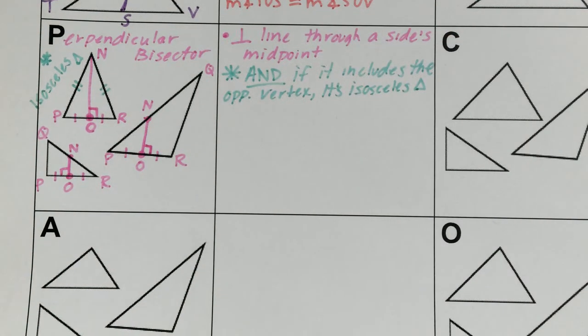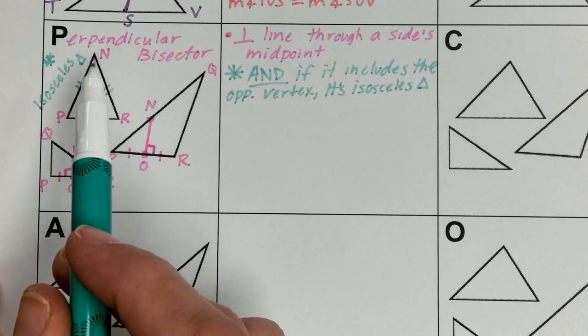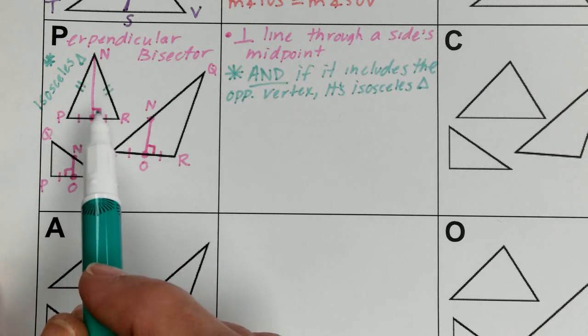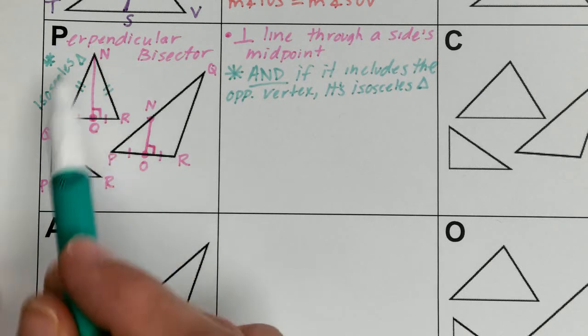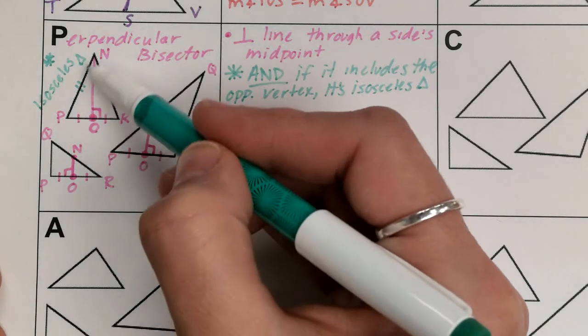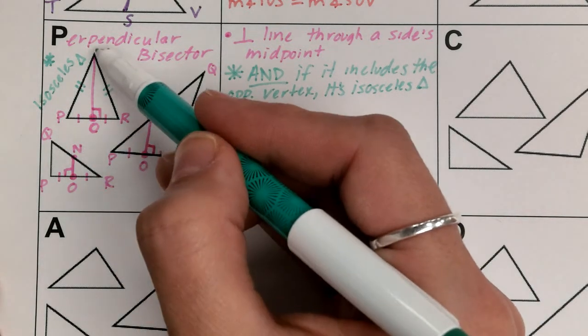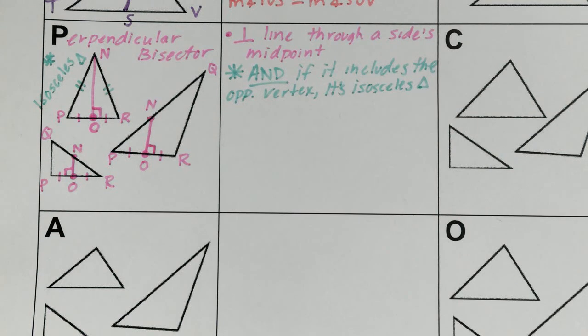Okay? So if you notice it coming out of the vertex and going to the opposite side, and it's perpendicular and it bisects, you have an isosceles triangle creating two congruent sides over here, segment PN and NR. Now we wrote in the previous characteristics also these things that are sticking out that we need to be able to see to identify which segment this is going to be.